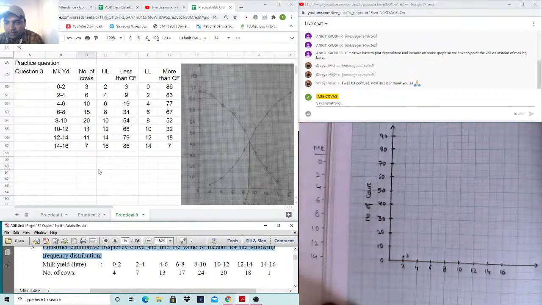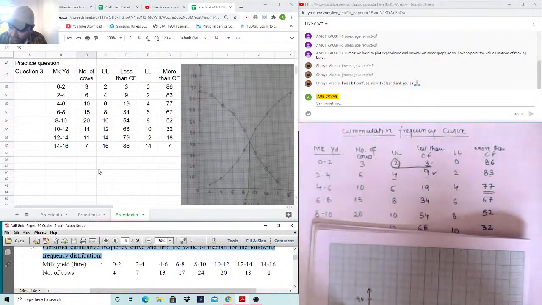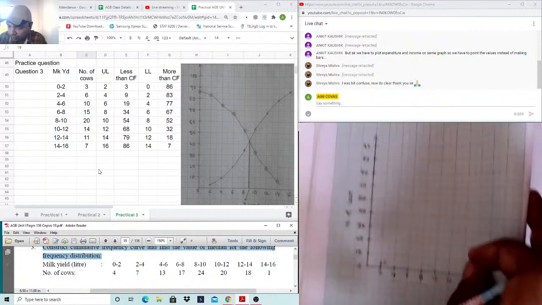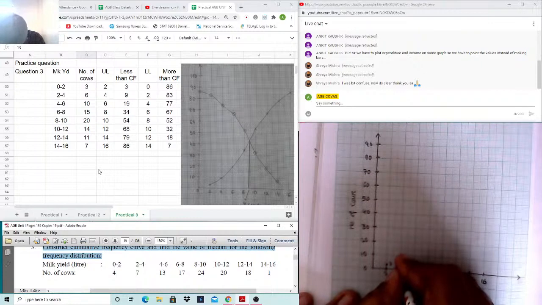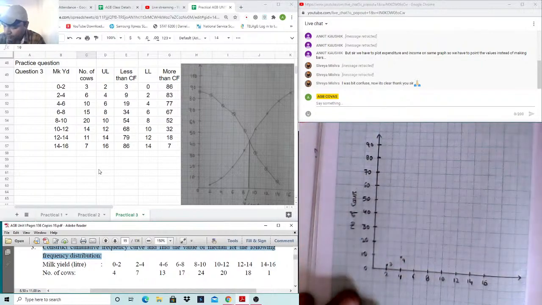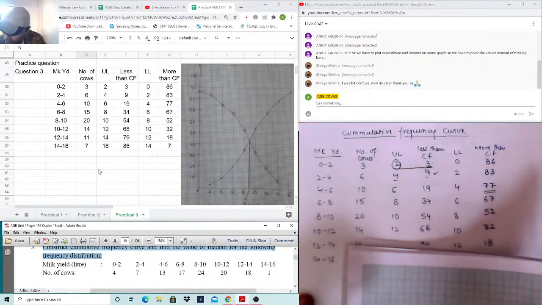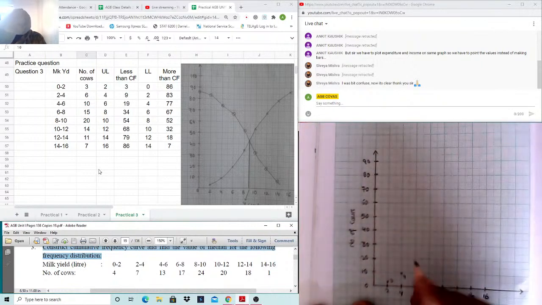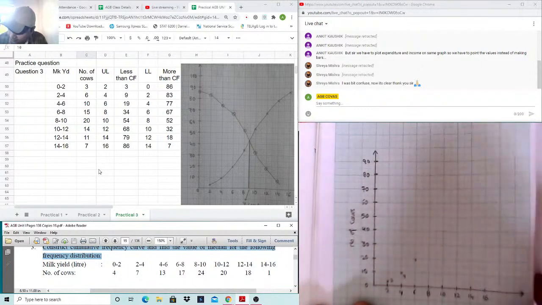Then next one, at 4, it is 9. Then at 6, it is 19.